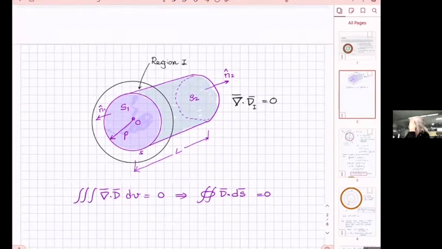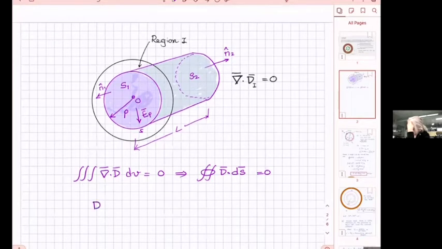So the electric field will be like this. All right? And therefore, D, which in this case, in free space, is epsilon naught E, will have only the rho component.